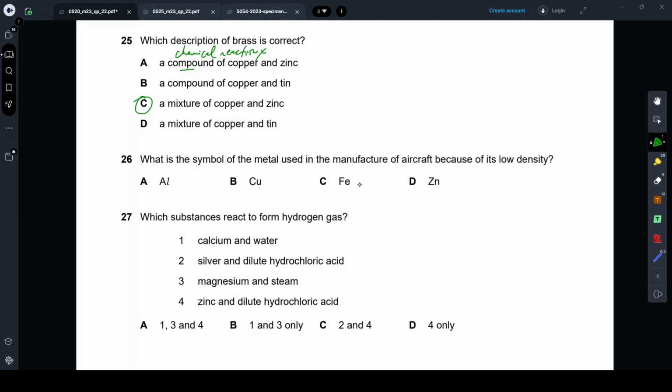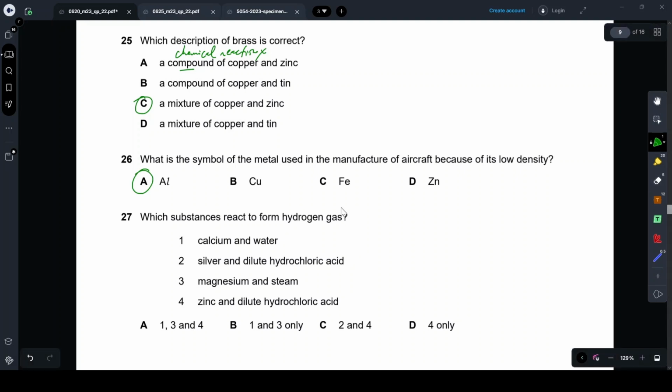I'm saying D, zinc. No. It is most certainly aluminum. Doesn't it have high density? Compared to the others, no. Okay.